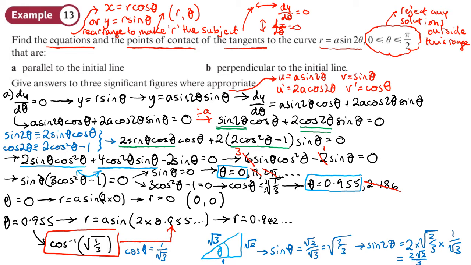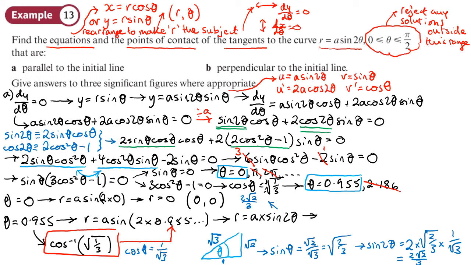So now let's go back and see if we can now get an exact answer. The way that we work out r, r is a times sine 2 theta. Now we've just worked out sine 2 theta is 2 root 2 over 3.